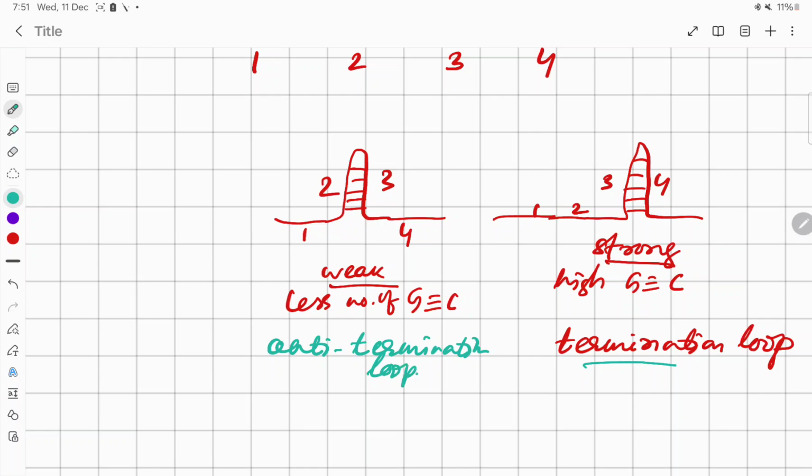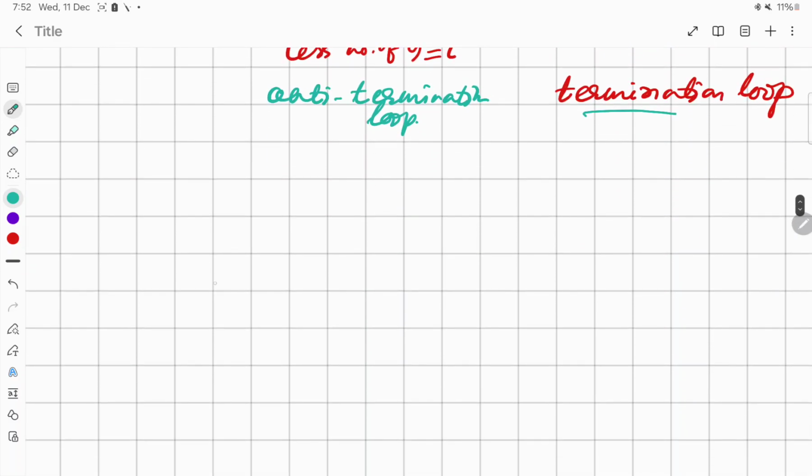So how is this regulated? Now we will discuss. In sequence 1, there are two codons of UGG. This UGG is the codon for the amino acid tryptophan. So this tryptophan will be synthesized when this codon in sequence 1 comes.